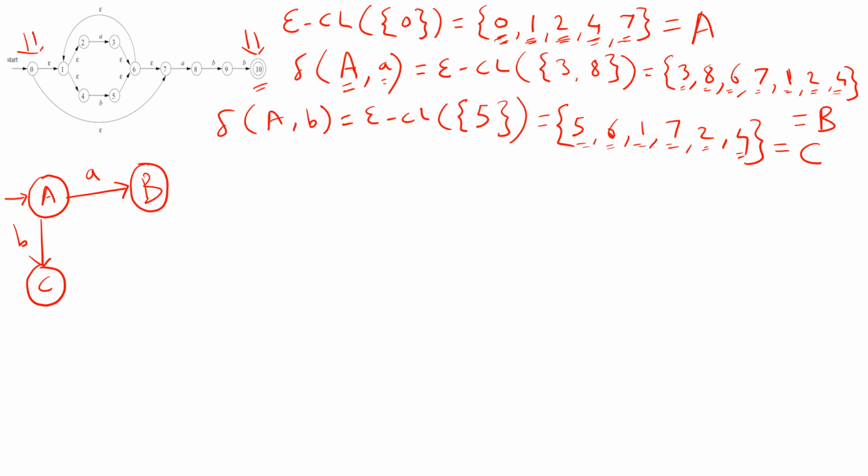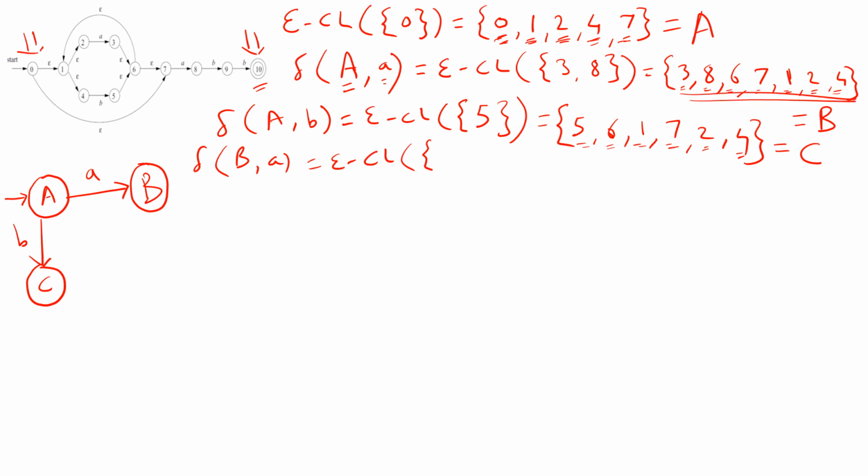Okay. Likewise, we will continue. We will calculate delta B comma A, which is again epsilon closure of something. Now in state B, we have 3, 8, 6, 7, 1. You can see this, right?